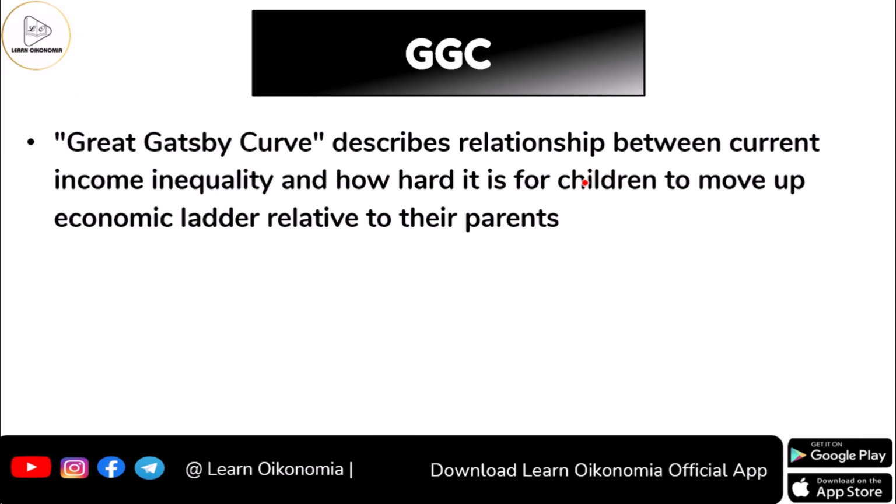As I've told you, the curve establishes a firm relationship with the present prevailing income inequality, and it shows how hard it would be for the children of low income parents to move up in the economic ladder. And you have to do this in relation to the parents' economic situation.